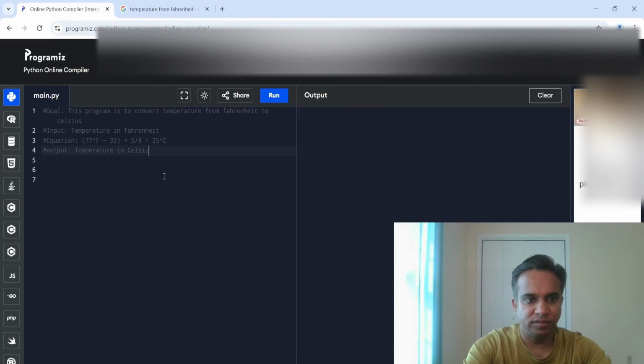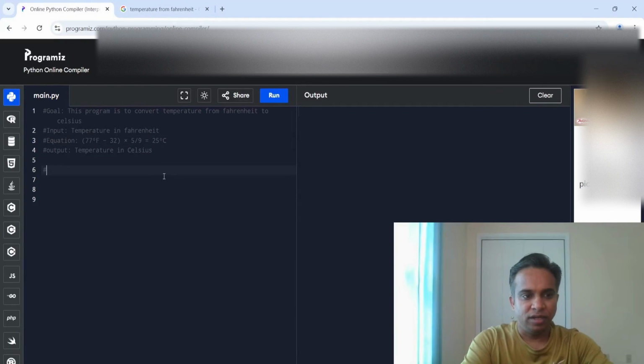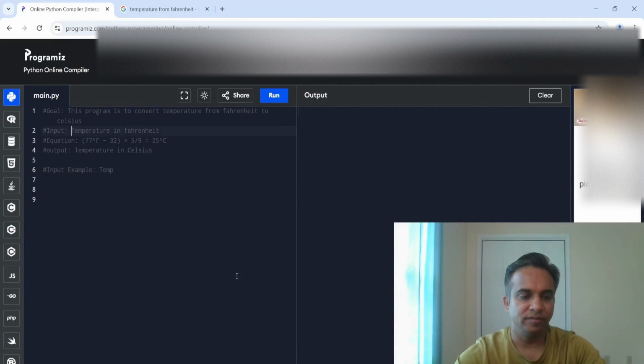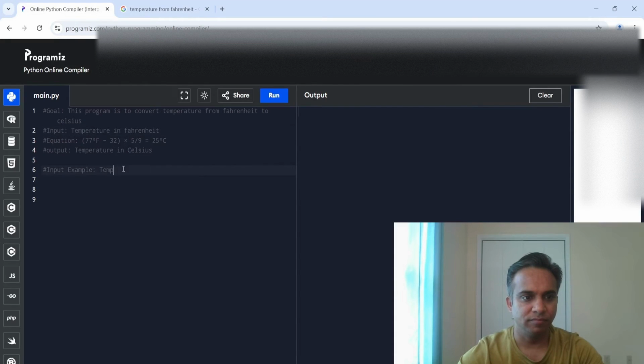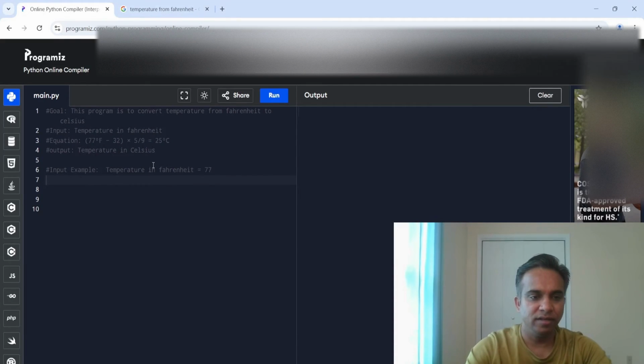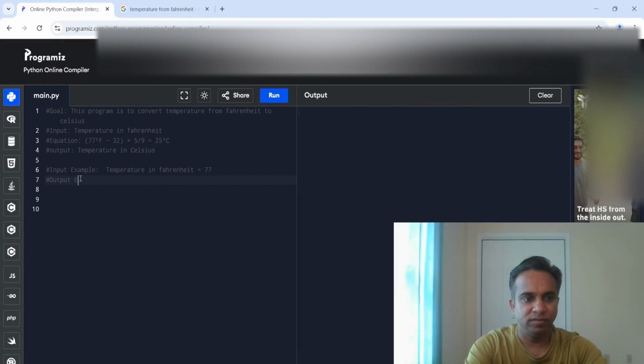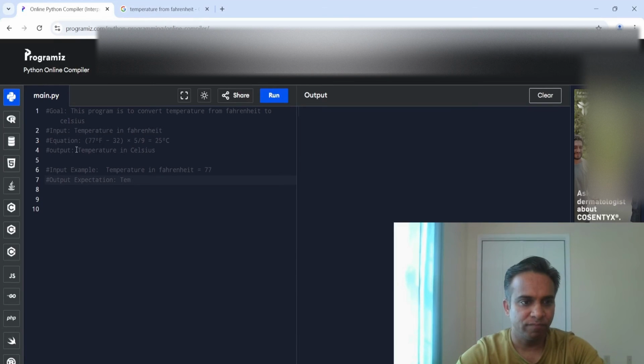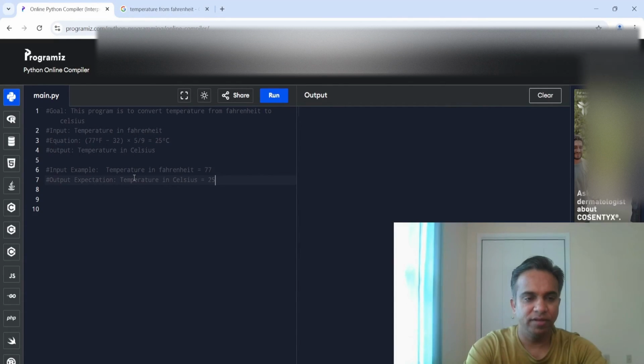Input example, if we enter temperature in Fahrenheit, 77 for example, then the output expectation would be temperature in Celsius equal to 25 degree.